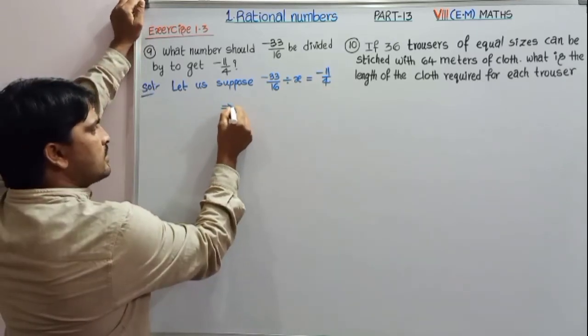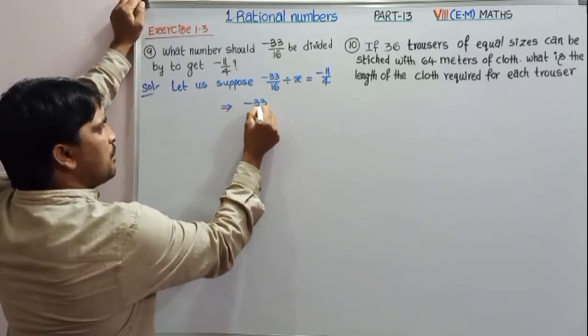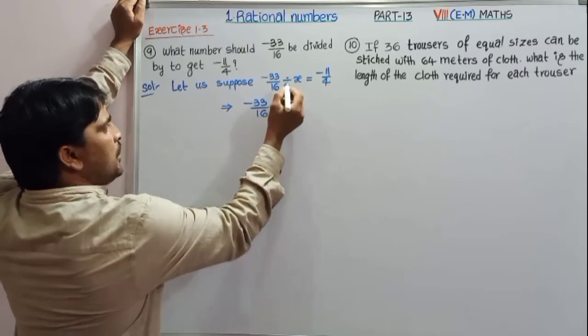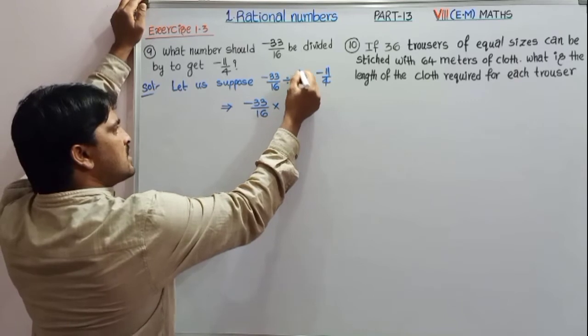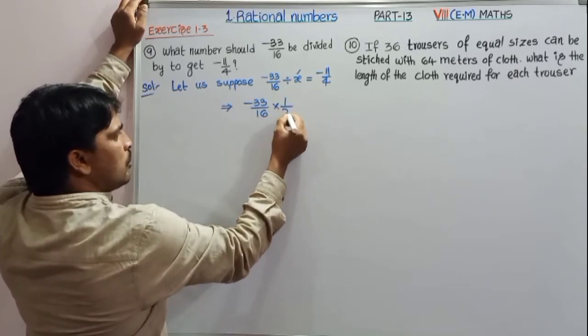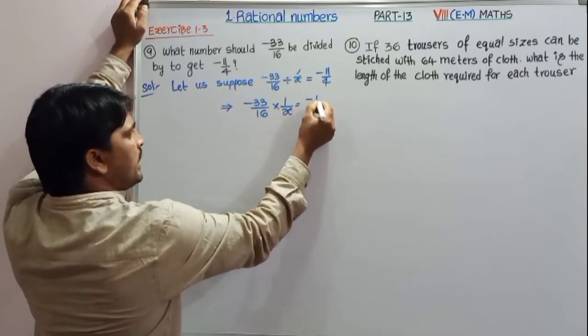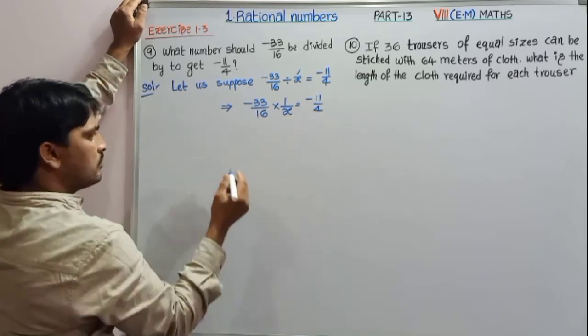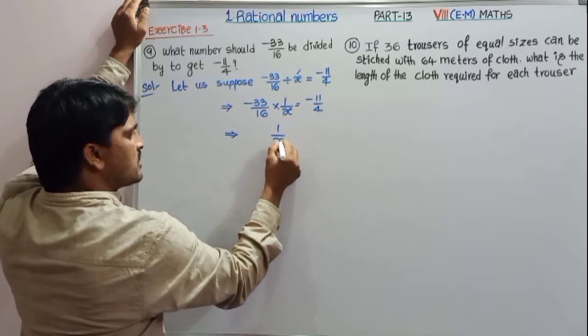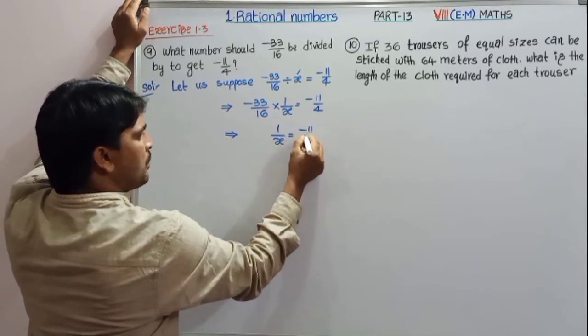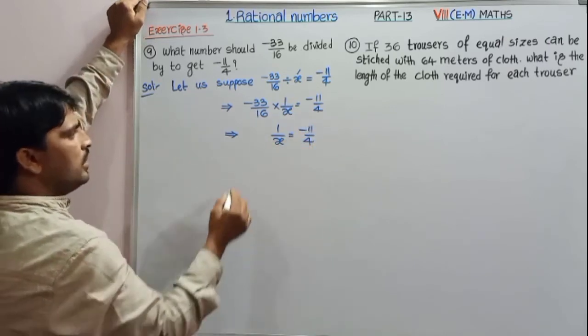So that implies minus 33 by 16, the division symbol may change into a multiply symbol, then consider the reciprocal of x, that is 1 by x, equal to minus 11 by 4. That implies keep the 1 by x on the LHS and keep minus 11 by 4 on the RHS.